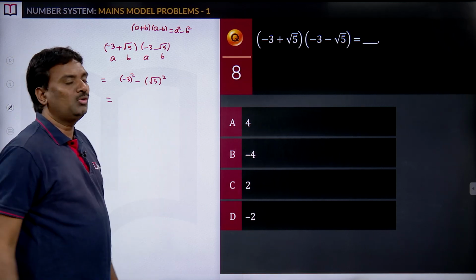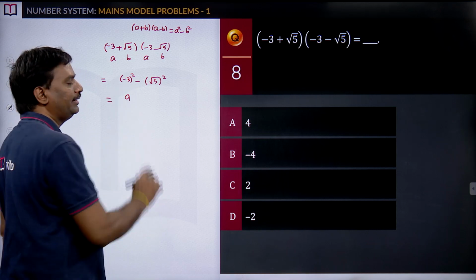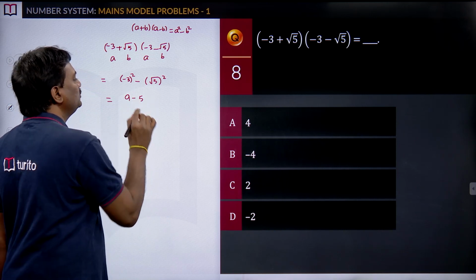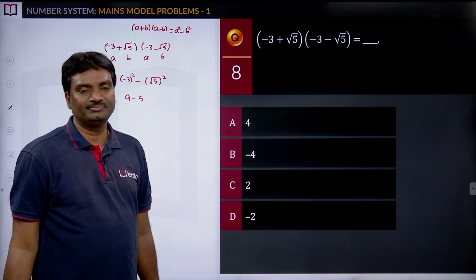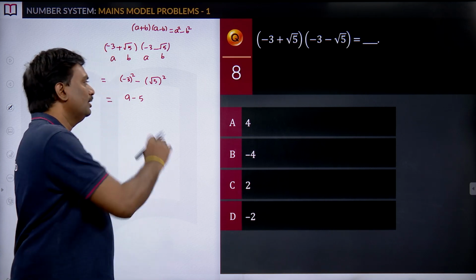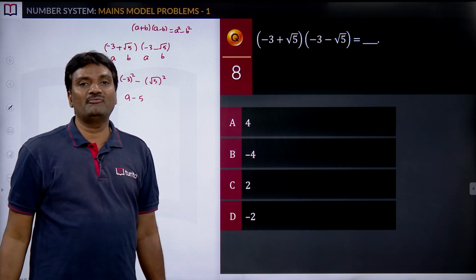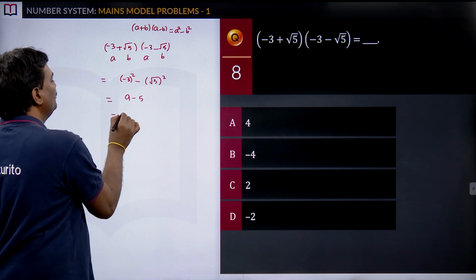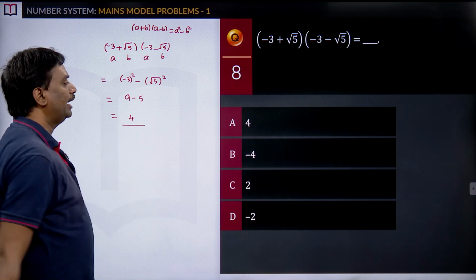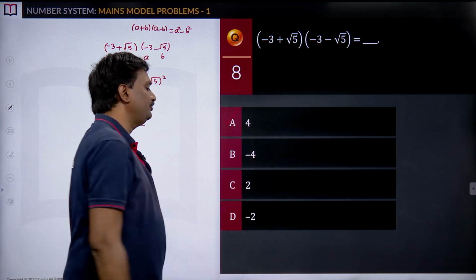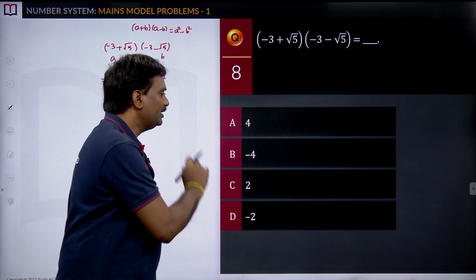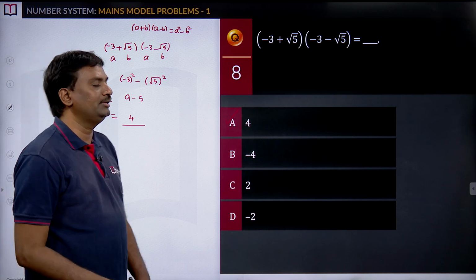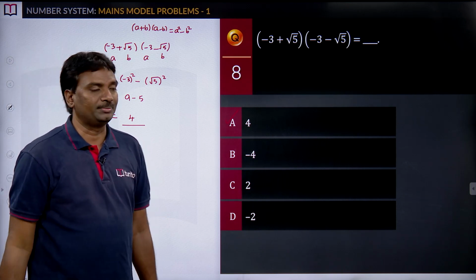Minus 3 whole square means 9, and root 5 whole square is 5, root 5 into root 5. If you write root 5 as 5 power 1 by 2, then power 2 cancels and we have 5. By subtracting 5 from 9, you will get 4. According to the options, we can take option A. Option B has minus 4, but the correct answer is plus 4. That is why option A is the correct option.